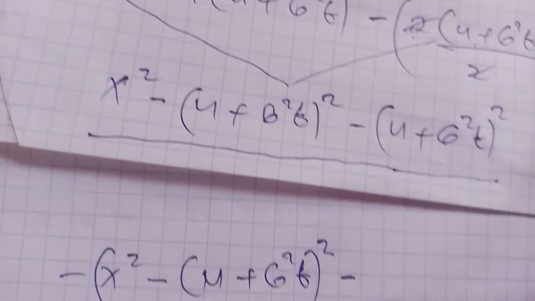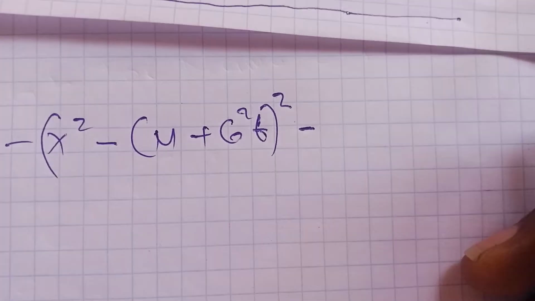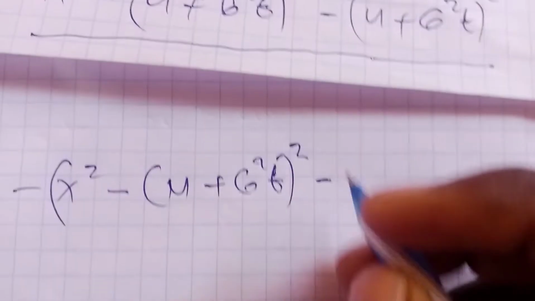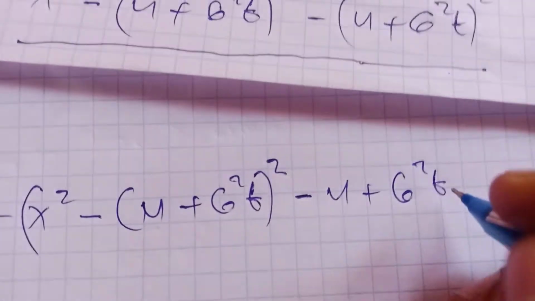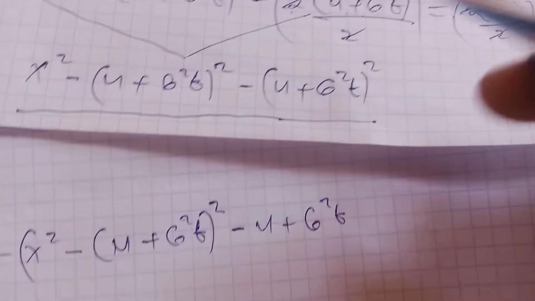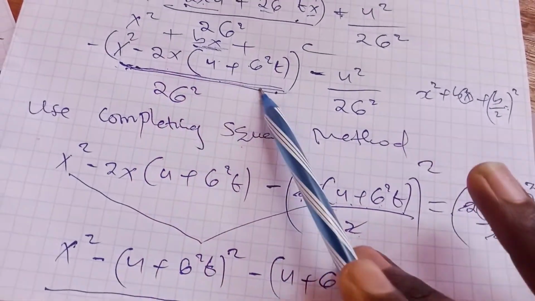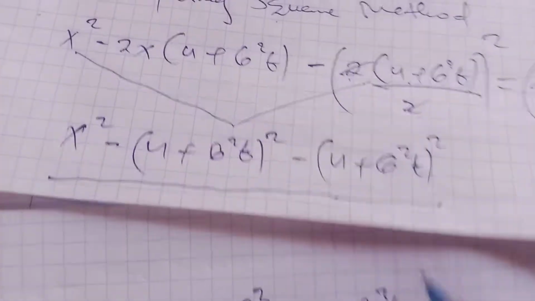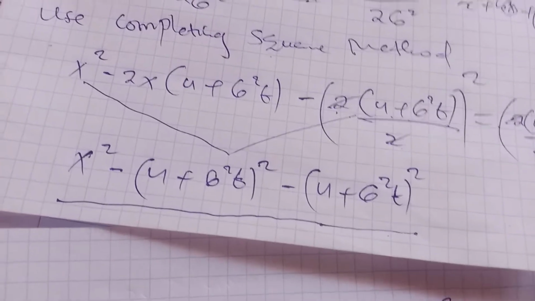This one was a minus, so when it comes to this end, it will become a plus, still plus (u plus sigma squared t) squared. Then here we'll put this, then minus u squared over 2 sigma squared.